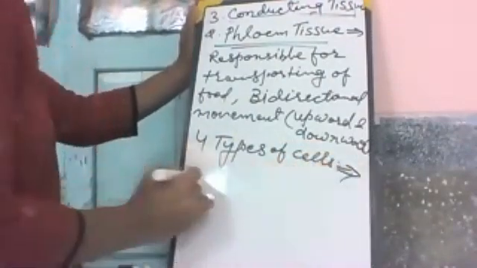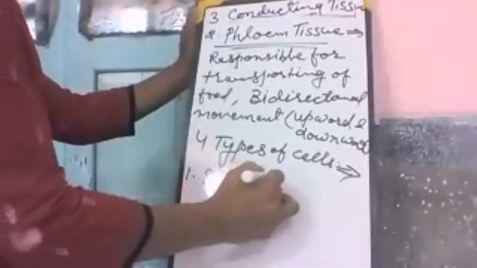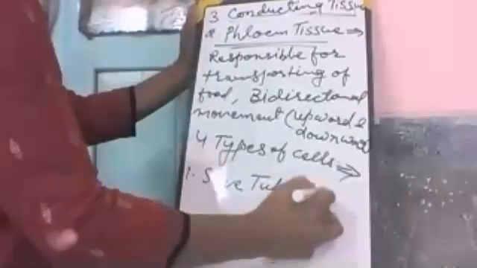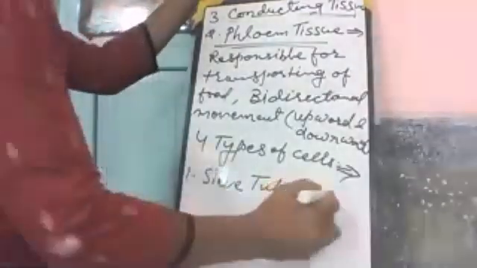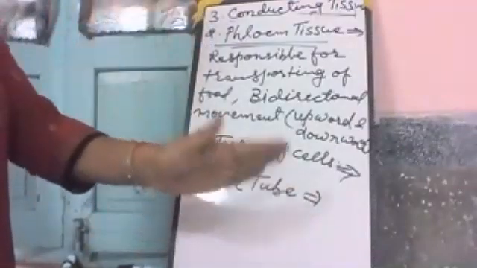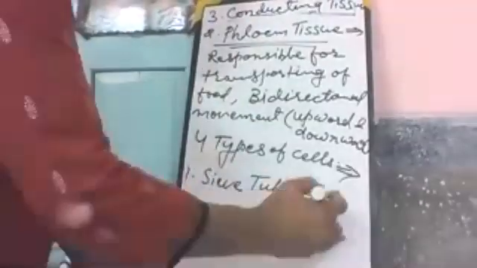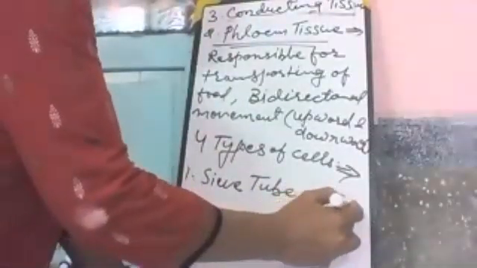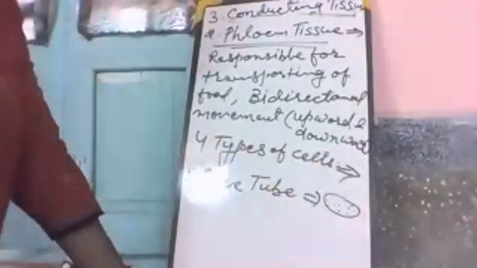First is the sieve tube. As the name suggests, sieve means we have a sieve for filtering tea, for filtering flour, etc. And these sieves have fine pores in a sieve-like structure.